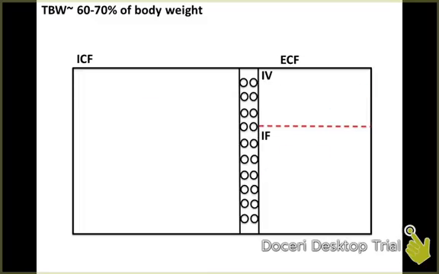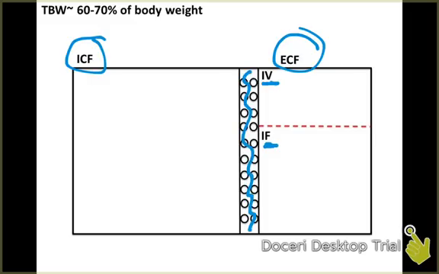So, now let's review a little bit. We have the intracellular fluid space, the extracellular fluid space that's composed of the intravascular space and the interstitial fluid space, and we have a membrane in between. Okay? Now, for simplicity's sake, let's call this your y-axis, and this will be your x-axis.